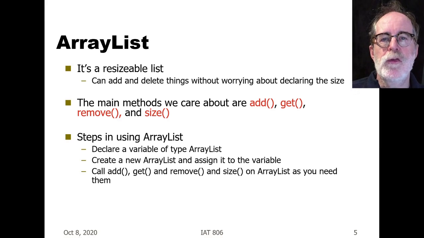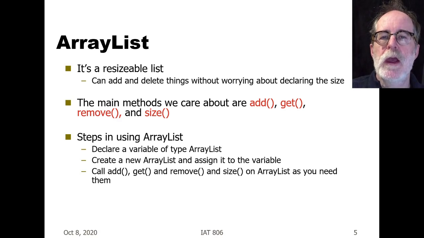The steps in using an ArrayList are, first, you declare a variable of type ArrayList. ArrayList is a class, and therefore ArrayList is the type name. Say, AL for ArrayList. Then you create that new ArrayList, you allocate it: equals new ArrayList. Then you simply call add on that variable, al.add something, and that adds the something.